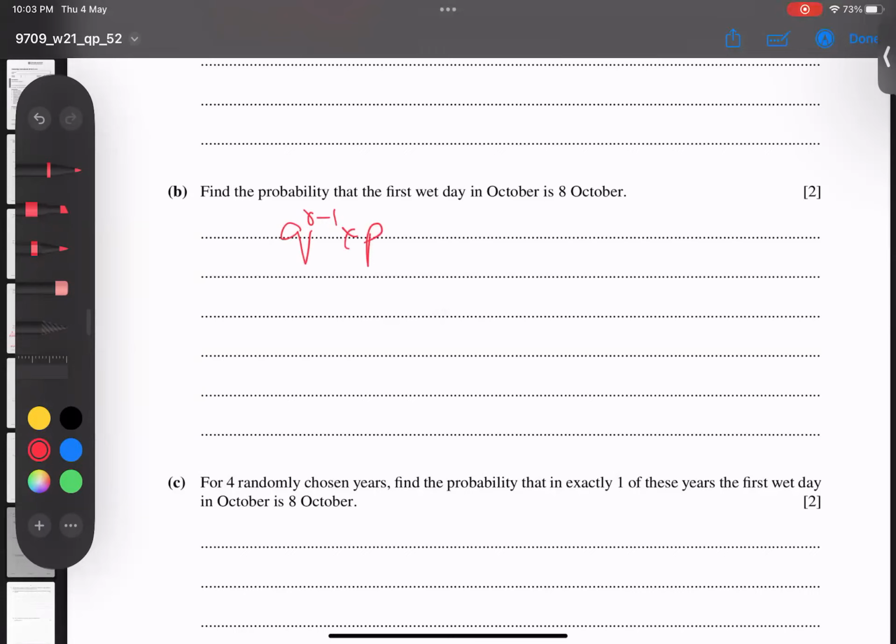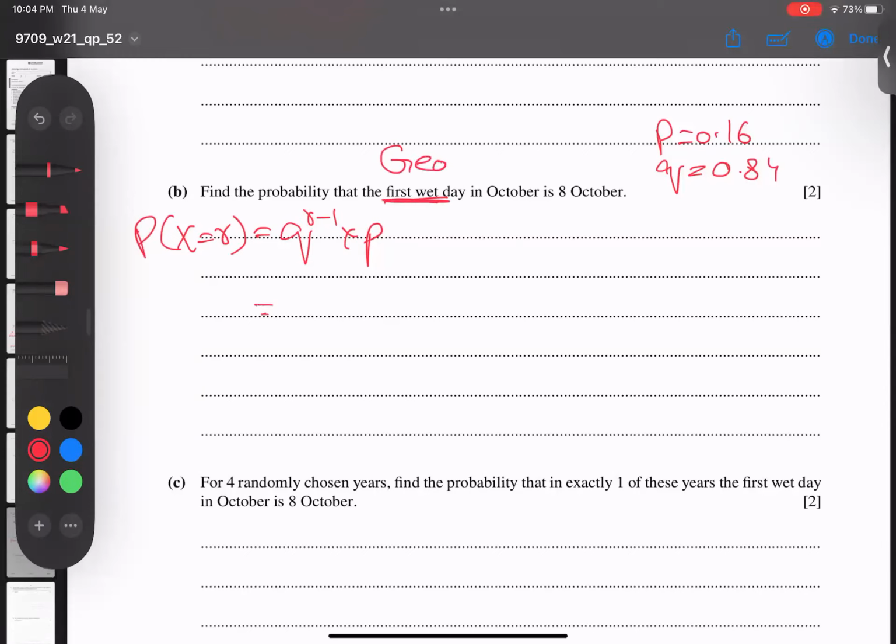P is 0.16 and q is 0.84. This is the formula we use whenever probability of X equals r; this is the topic of geometric probability.